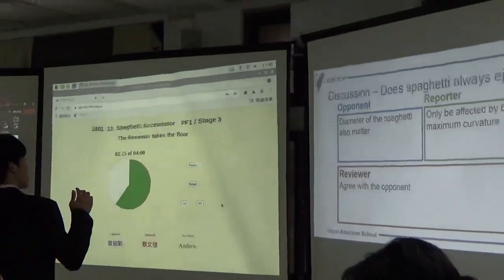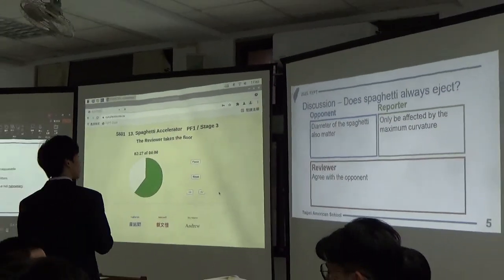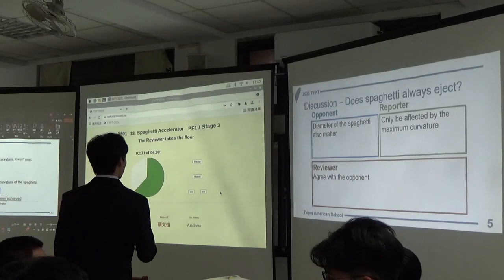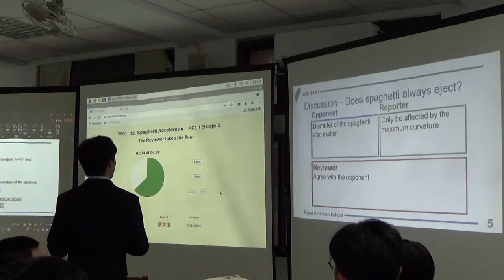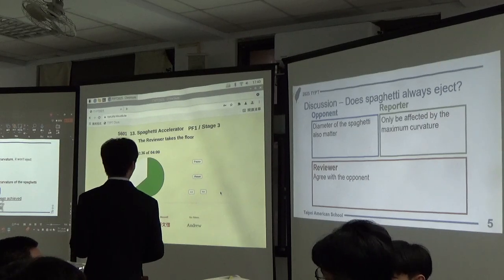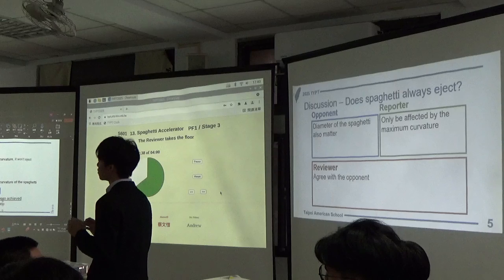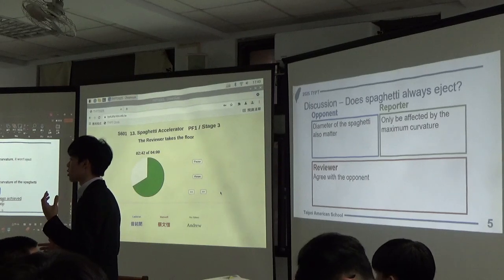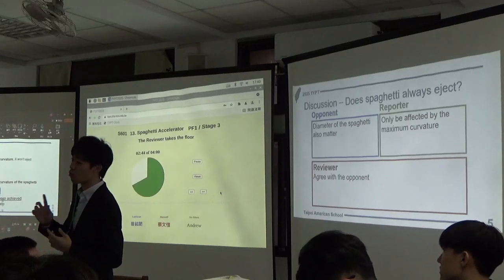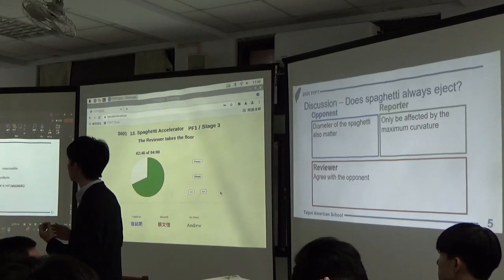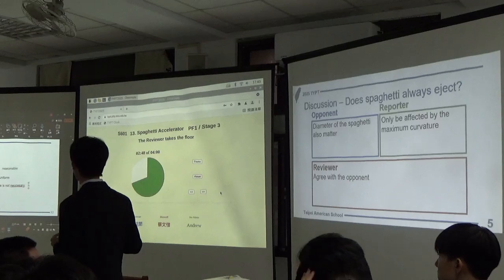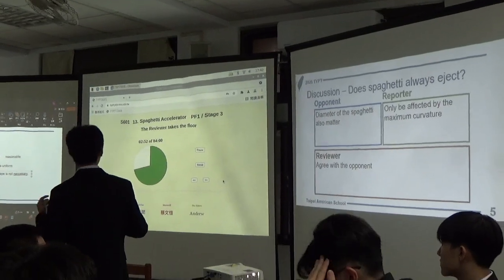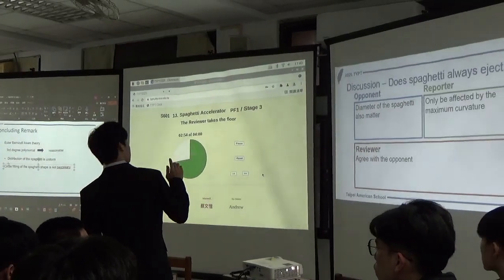The reporters claim that it is only affected by the maximum curvature. The opponent also suggests that diameter may matter, which I agree with, because as the tube diameter becomes closer to the spaghetti's diameter, it increases the contact points on the spaghetti, which will lead to the Euler-Bernoulli beam theory being not applicable.